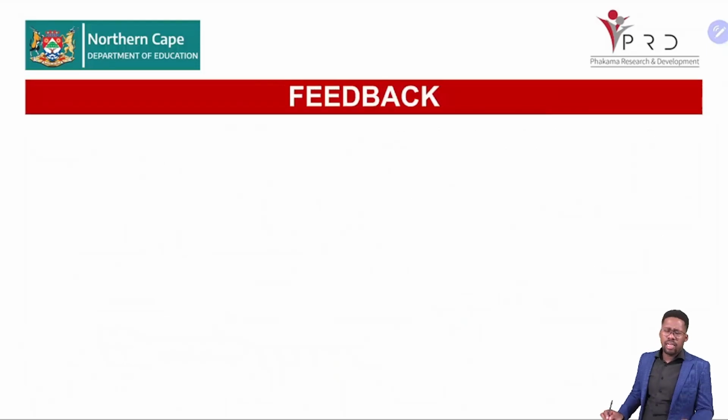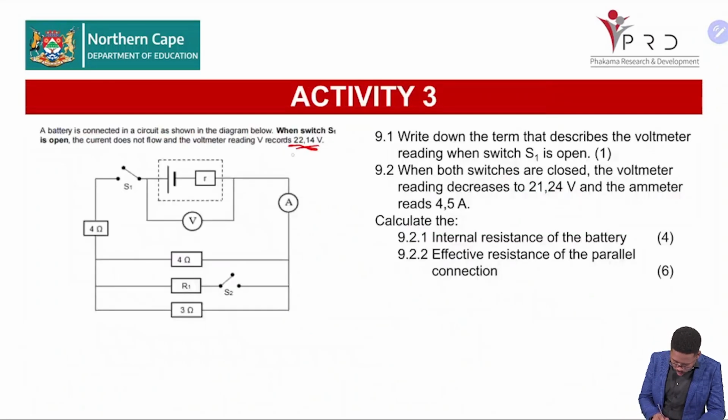Now, let's look at the feedback. A battery is connected in a circuit diagram as shown in the diagram below. When switch S1 is open, the current does not flow and the voltmeter reads 22.14. This is the EMF.